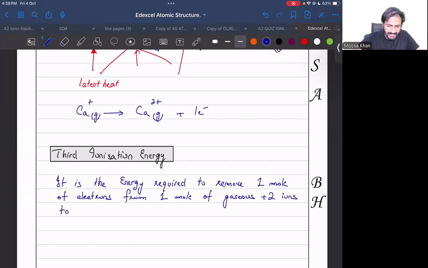Do not forget to write gaseous ions: gaseous positive 2 ion to form gaseous positive 3 ions.